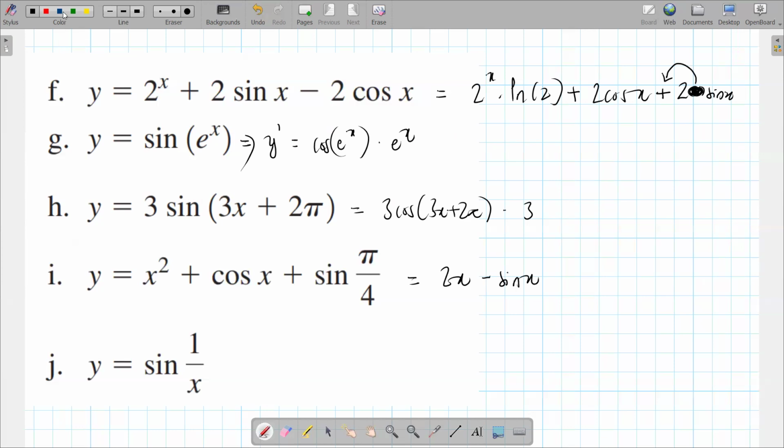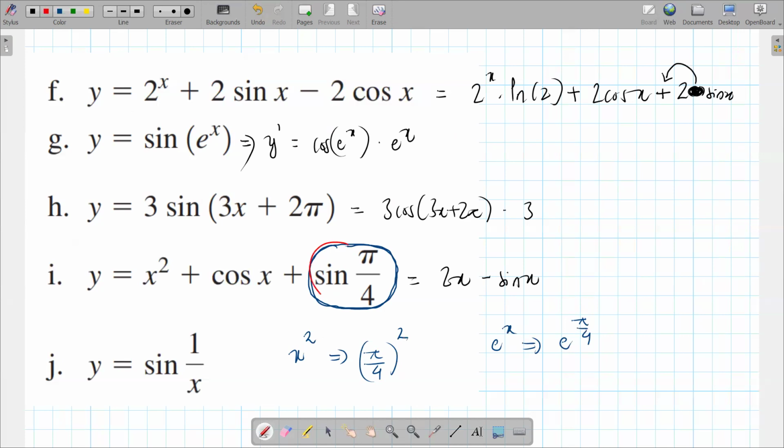And the question you want to ask yourself is, is this a function or is this a constant? Here, I'll make this easier. So let's look at this one. Say you had x squared, pi over 4 squared. So you had e to the x, e to the power of pi over 4.